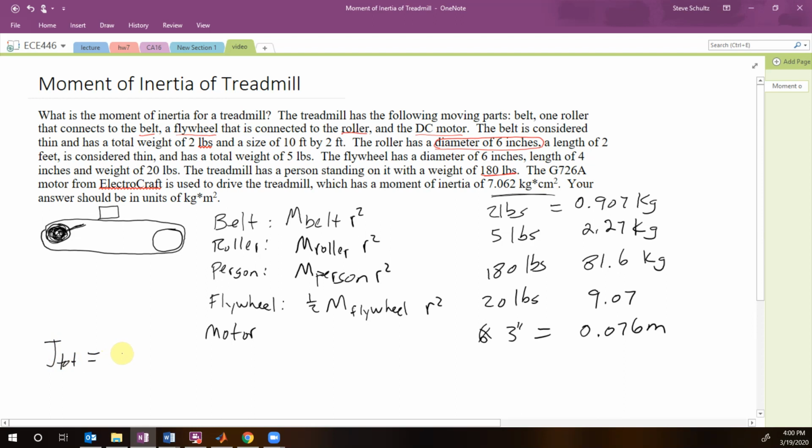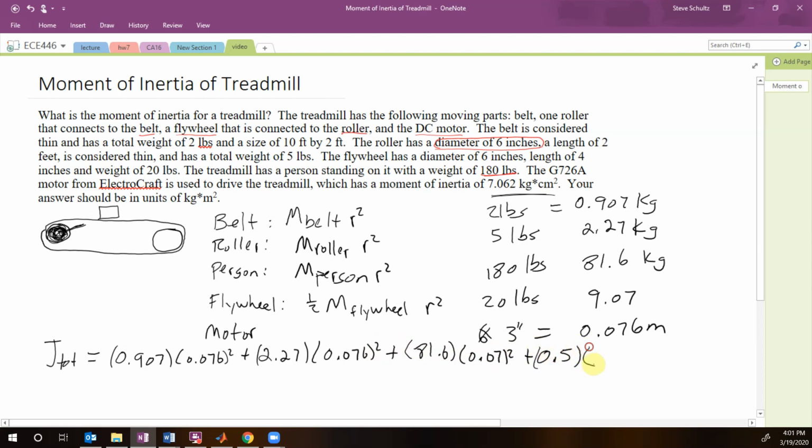The belt is going to be 0.907 times my radius squared, plus my roller, plus my person, plus my flywheel, plus my motor.